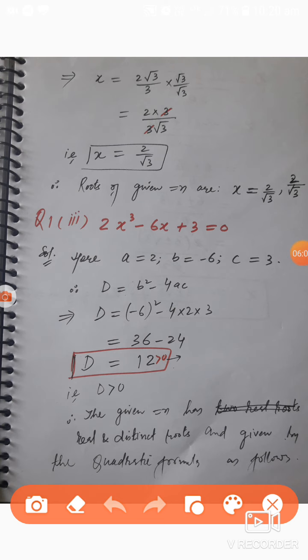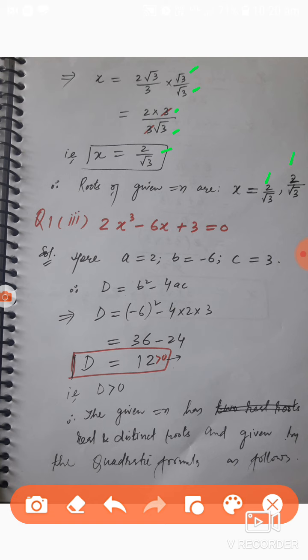So we multiply the right hand side of the equation in the numerator and denominator by square root 3, we get 2 into square root 3 into square root 3, that is 3, divided by 3 times square root 3. 3 and 3 will go, you are left with x equal to 2 by square root 3. So x equal to 2 by square root 3 are the roots of the given equation, that is, the roots of the equation are equal and are 2 by square root 3, 2 by square root 3.